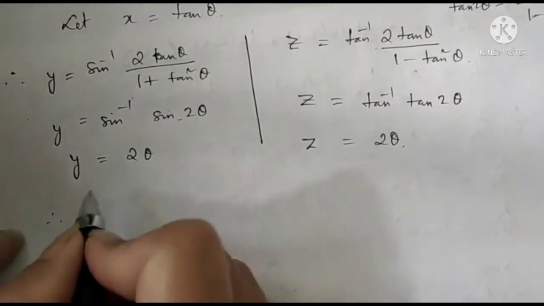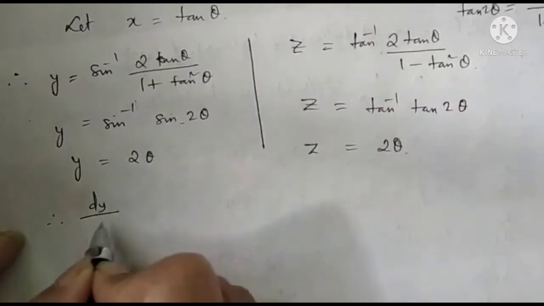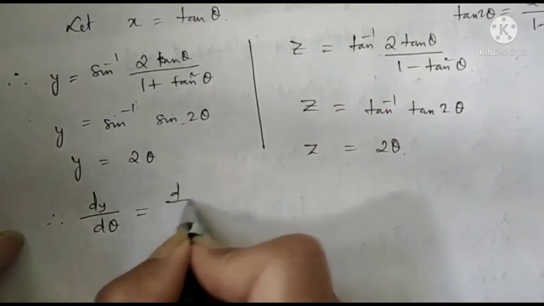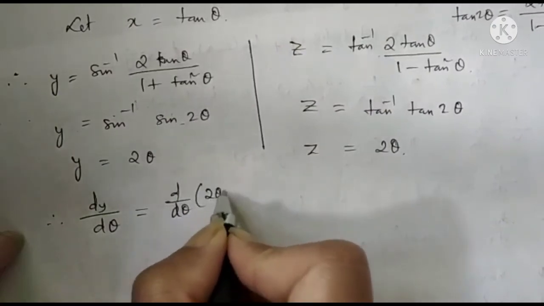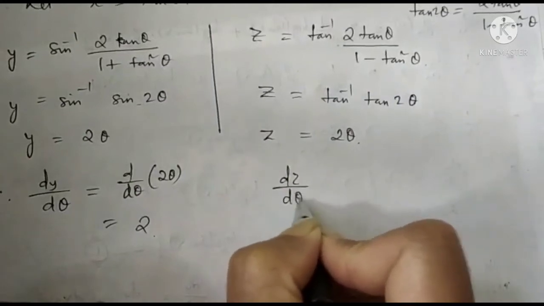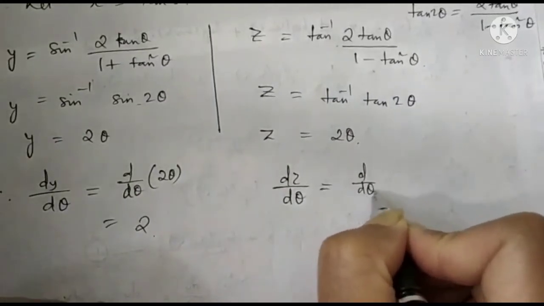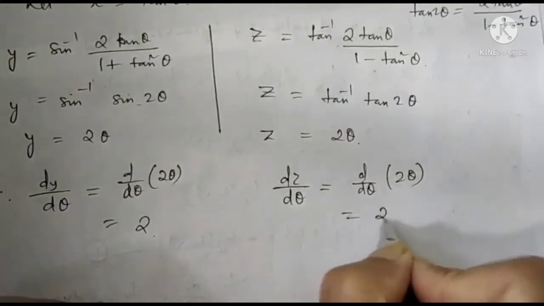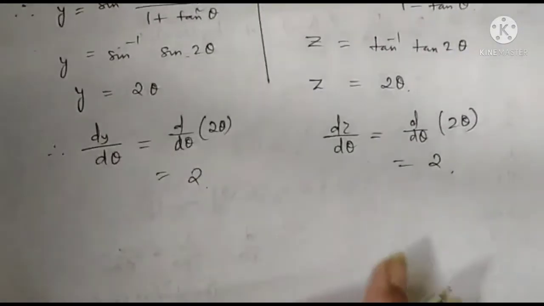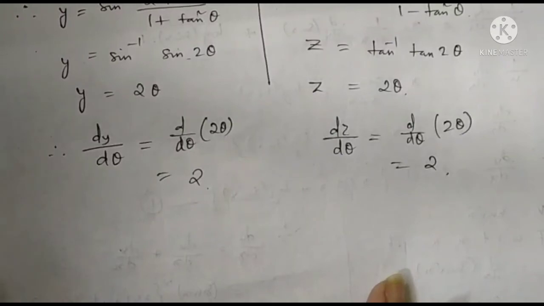So, therefore, dy by d theta is actually d by d theta of 2 theta, which is equal to 2. And this side, dz by d theta is d by d theta of 2 theta, which is also equal to 2. Simple enough, right? So, my task is to get dy by dz.